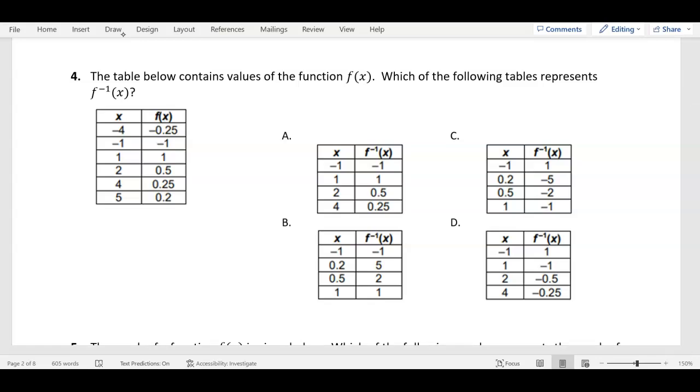All right, the table below contains values. Which of the following represents the inverse of this table? So remember, the inverse is when you flip the table. Which one of these answer choices flips the table?